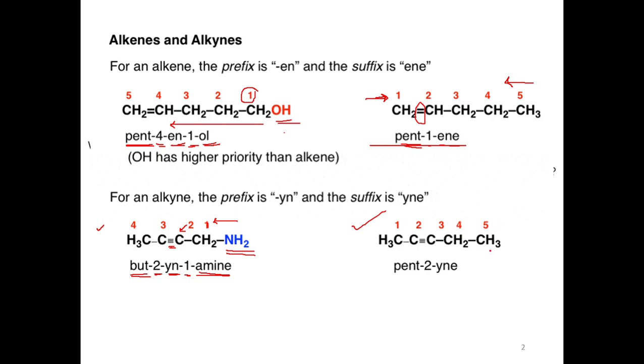If you give numbering from right to left, the carbon number 3 will have the triple bond. But if you give numbering from left to right, at carbon number 2 we have the triple bond. So we will always consider the lowest number, that means from left to right.